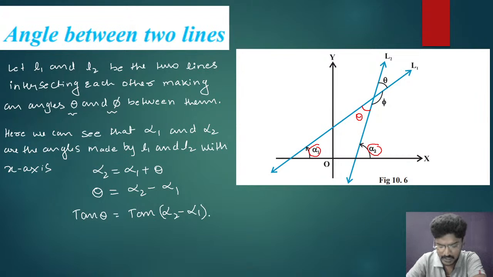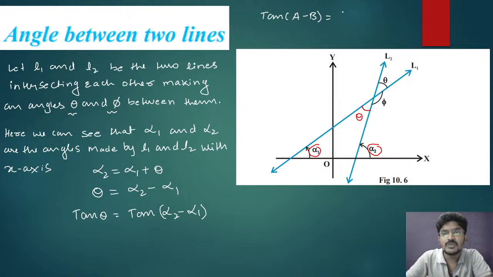Very good. So I think all of you know the formula of tan of A minus B. Quickly tell me what is the tan of A minus B formula. Come on everyone, you can tell me the answer.